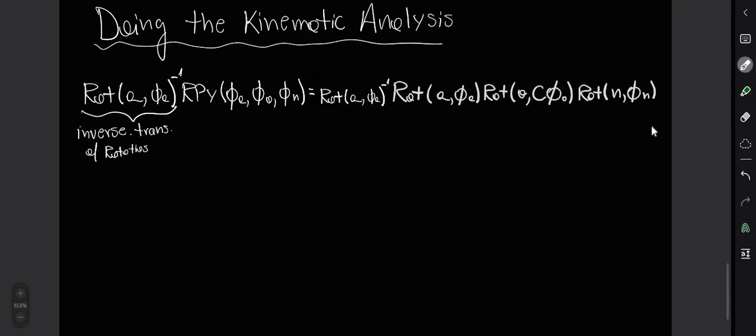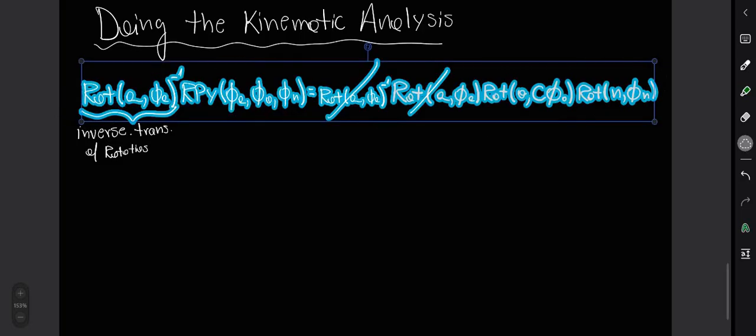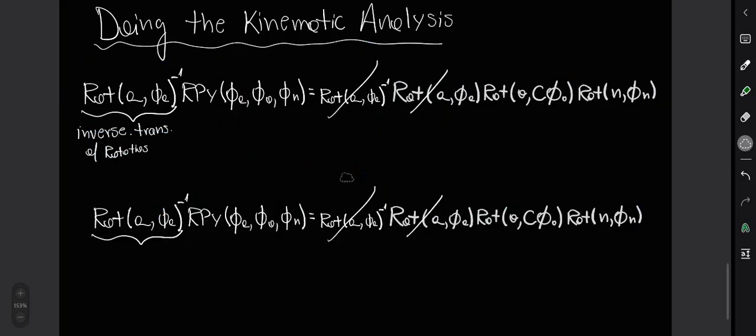And now, obviously, these terms will cancel each other, and we are left with the respective matrix. Sorry, transformation equation.